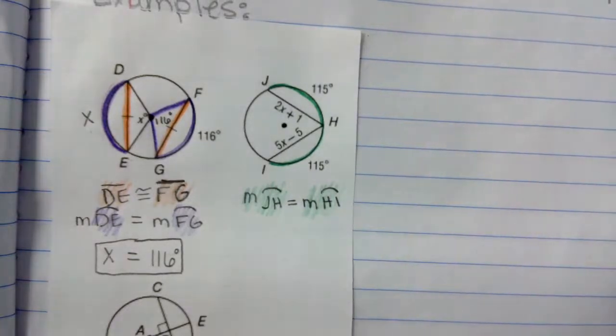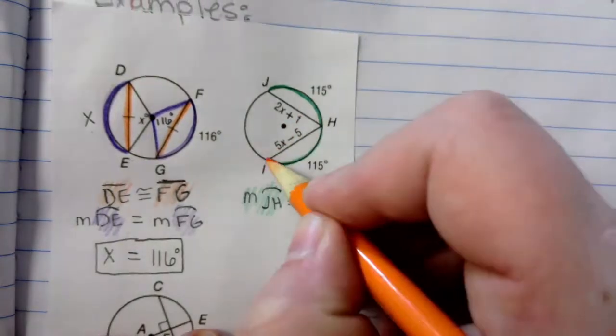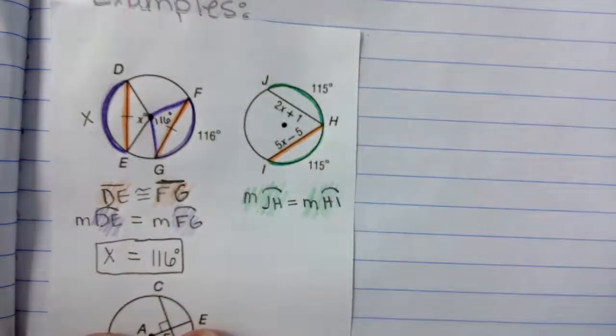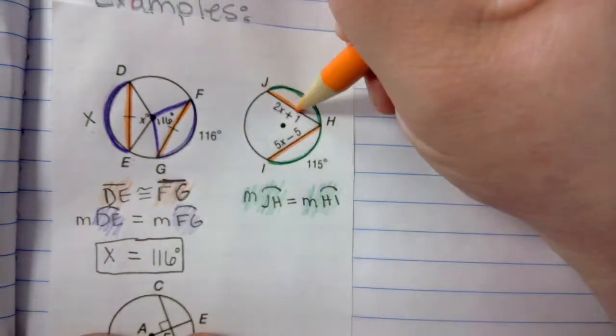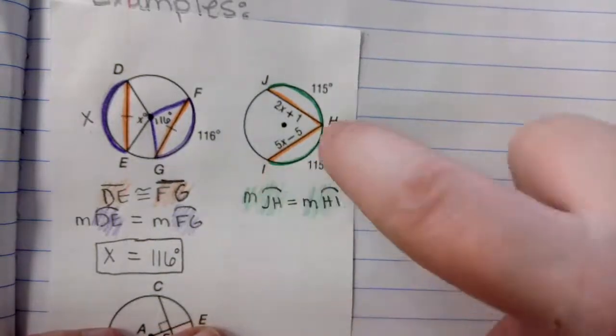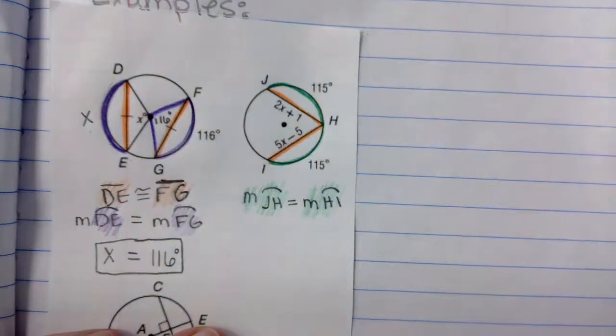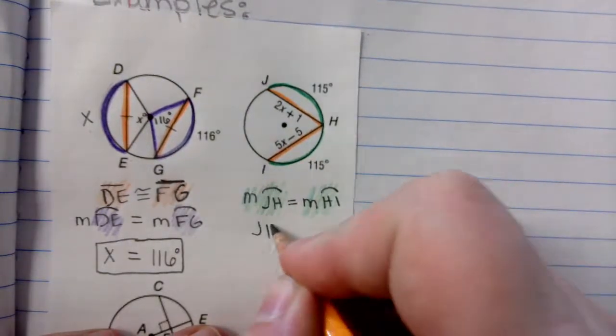Yep, so 2x plus 1 equals, what's the segment HI equal to, the distance? 5x minus 5. And this is where I'm going to do my work off to the side here, because then we have to solve this equation. So this is just really a throwback from algebra at this point. If you feel good about solving this and you want to go for it, go for it. If you're like, what the heck, we haven't done this in so long, follow along. We got it.